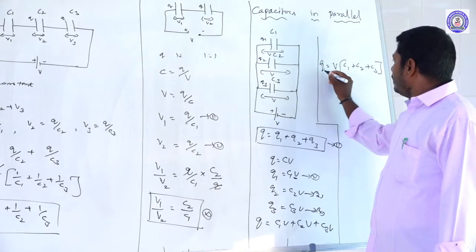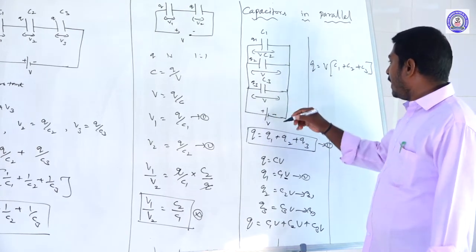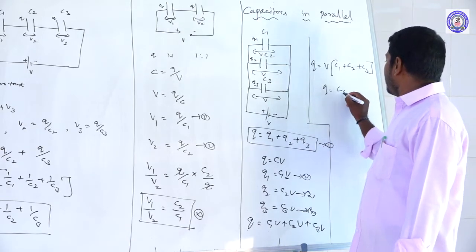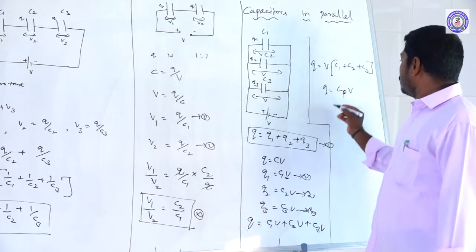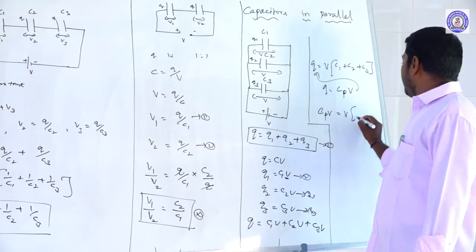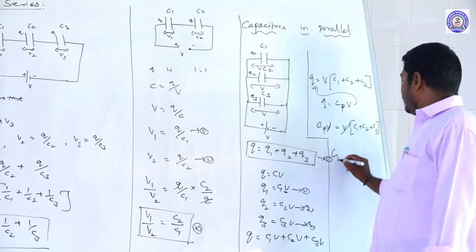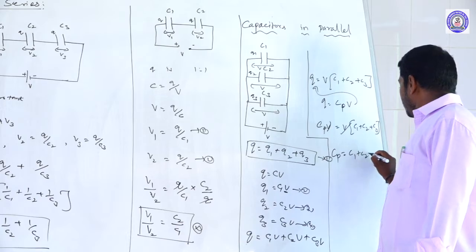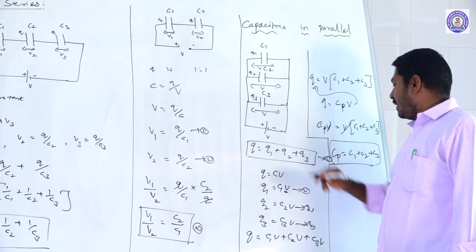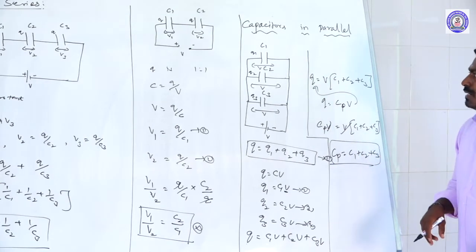The total charge supplied by the battery to this parallel combination is equivalent to Q is equal to Cp into V. So therefore, substituting Cp into V, which is equal to V into C1 plus C2 plus C3, V will cancel. Cp is equal to C1 plus C2 plus C3. So here the effective capacitance connected in parallel combination is equal to the sum of the capacitances of the individual capacitors.